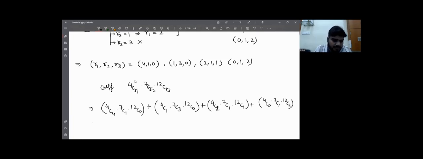So if we calculate this, ये 1 हो गया, ये 1 हो गया, तो ये तो 7 आ गया.